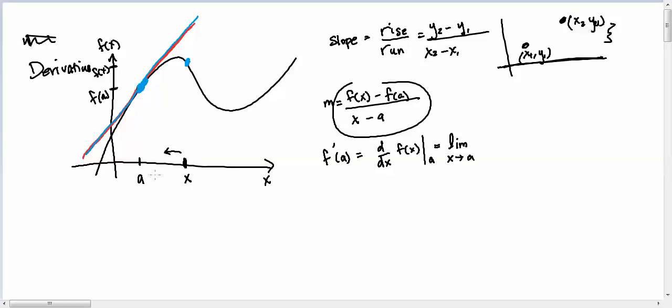Then my blue line will become what I'm looking for. And this is the calculus part. It's where we start moving things. And then my original equation is f of x minus f of a, all divided by x minus a. That is the equation for a derivative.